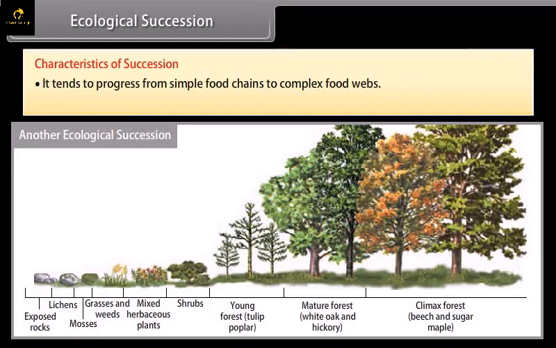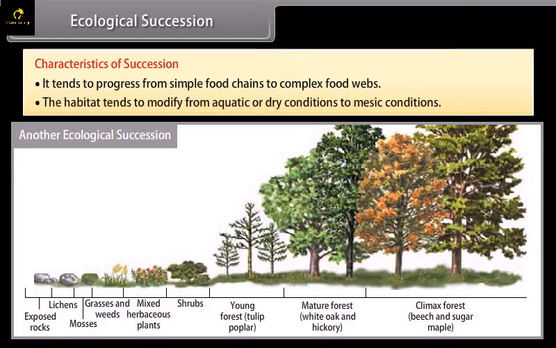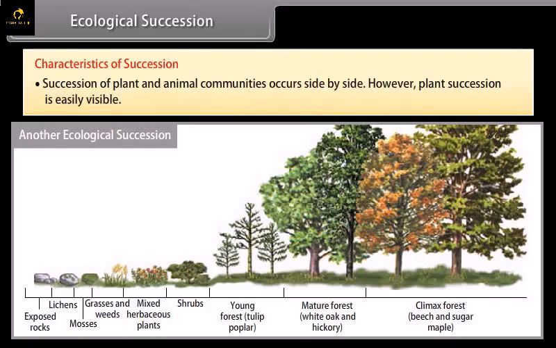It tends to progress from simple food chains to complex food webs. The habitat tends to modify from aquatic or dry conditions to balanced conditions. Succession of plant and animal communities occurs side by side, however, plant succession is easily visible.